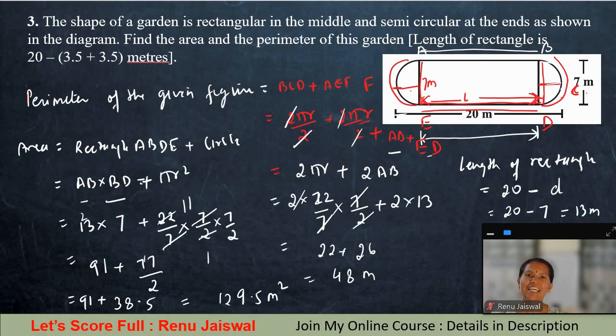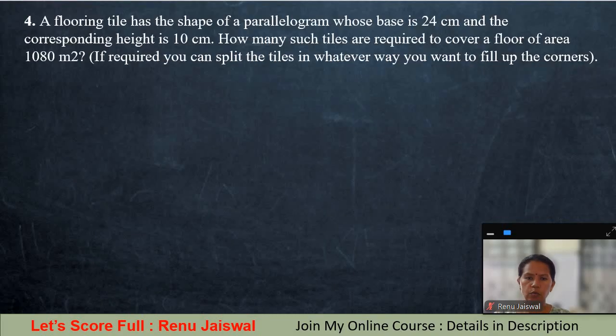Okay, let's move to the next question. So the next question is about a flooring tile. A flooring tile has the shape of a parallelogram whose base is 24 centimeter and the corresponding height is 10 centimeter.